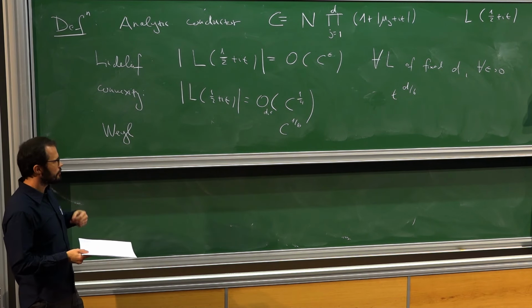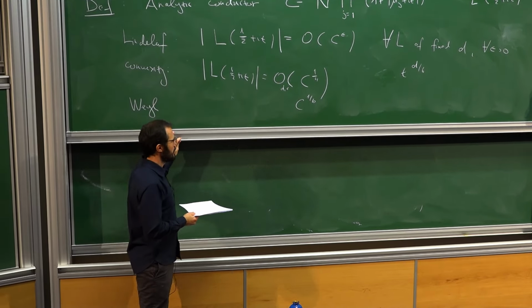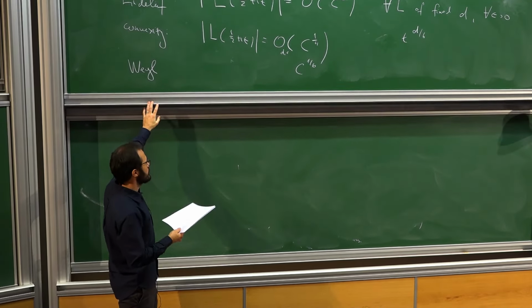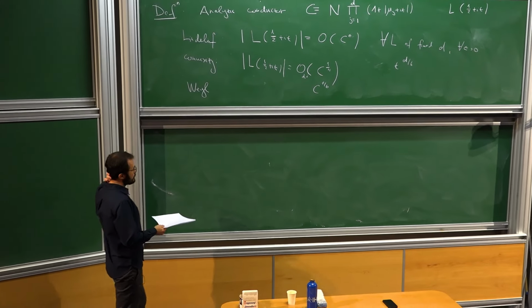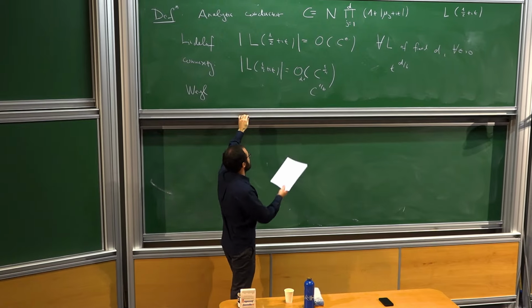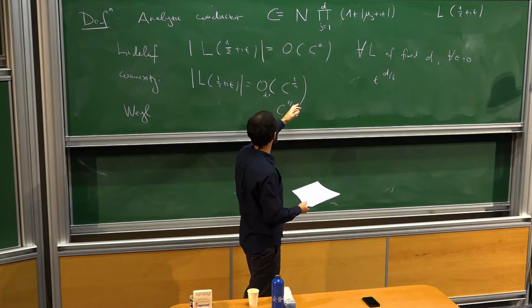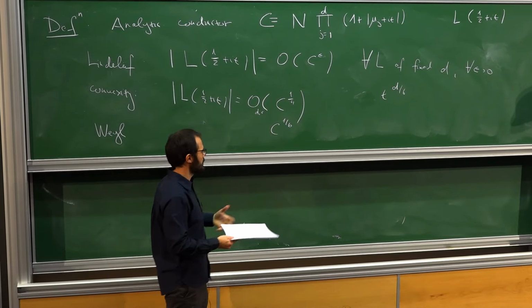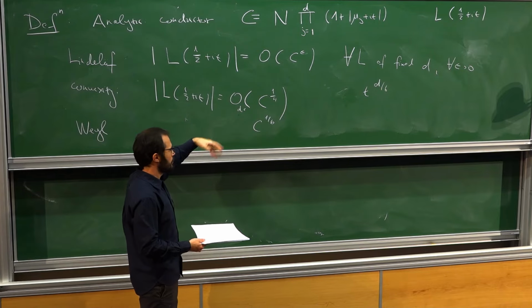For d equal 2, it is proven due to Michel and Venkatesh, and various partial results are true for general d. Especially recently, Paul Nelson proved subconvexity for general d. Sorry, Michel and Venkatesh proved subconvexity for d equal 2 completely uniformly.